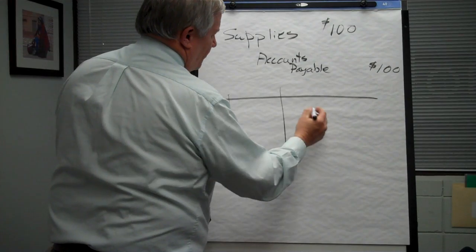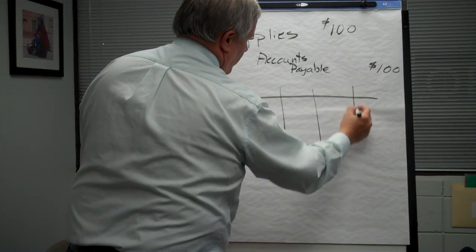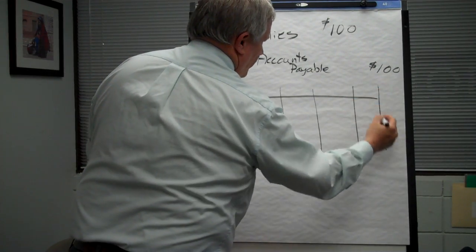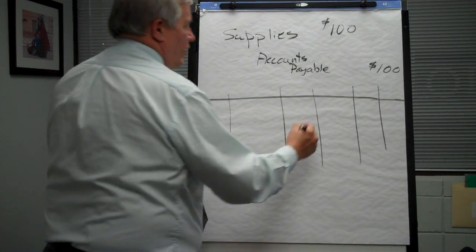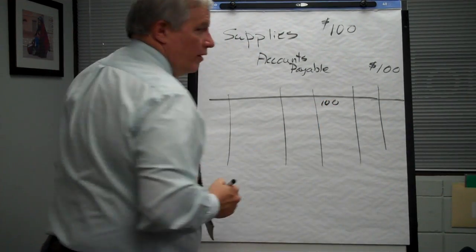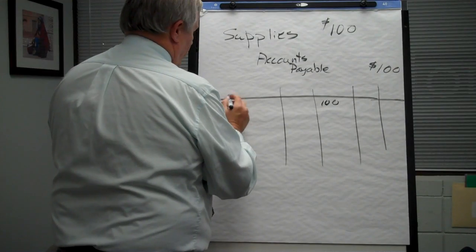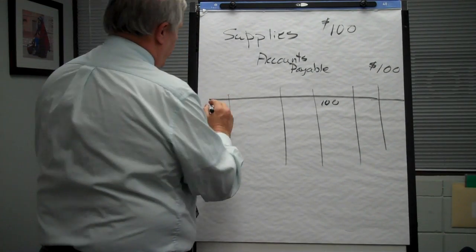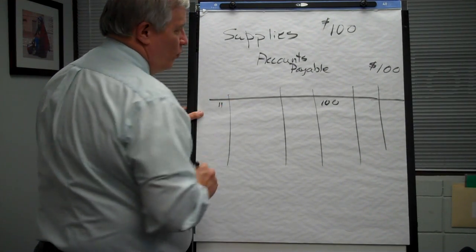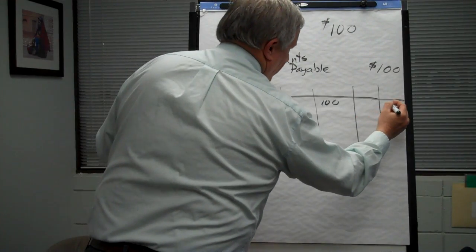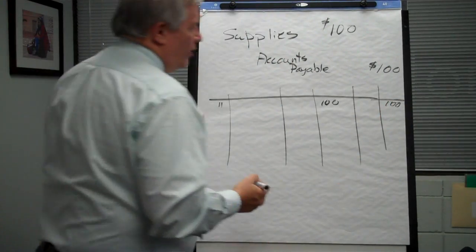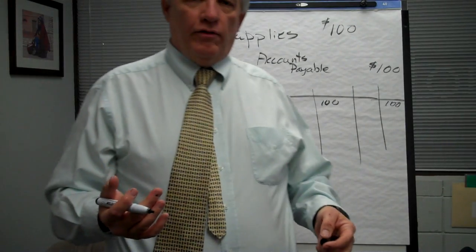in accounts payable. I have a $100 credit on, let's say, the 11th of February, and my balance now is $100. But who do I owe that to?